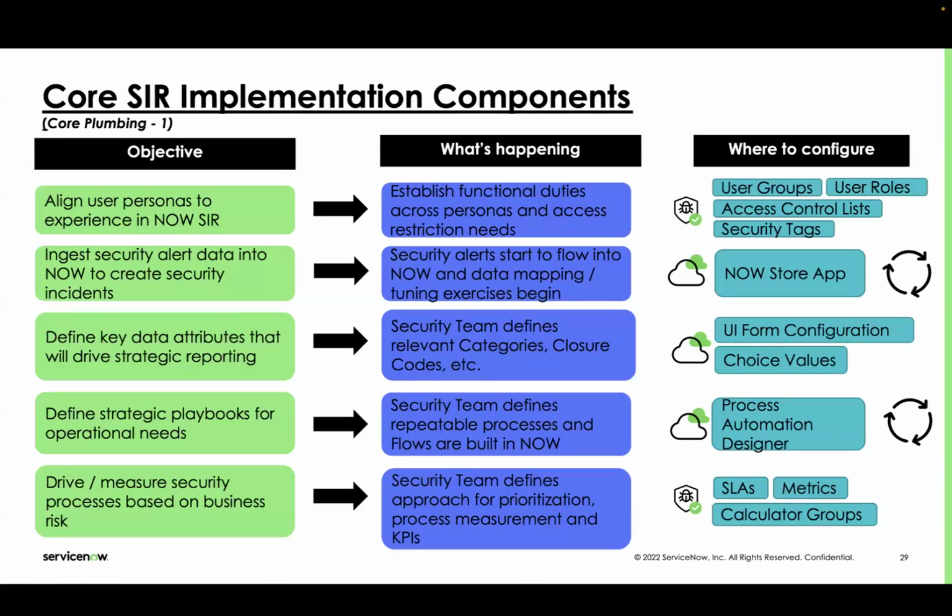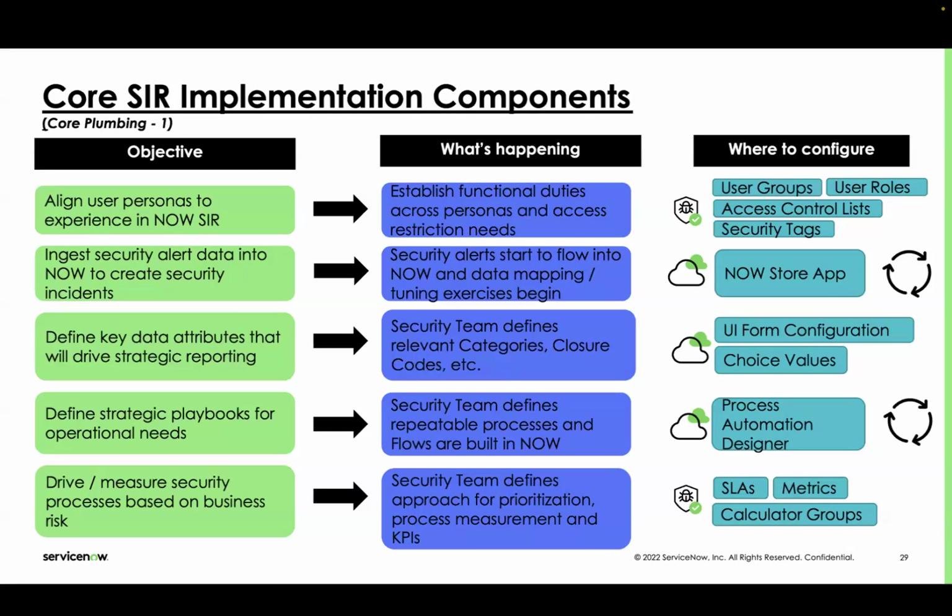So for security incident response, that core plumbing, as I mentioned, really starts off with defining the personas involved in the process, thinking about who needs to have security permissions, compartmentalized access, right? Maybe we want to separate who sees what. Start thinking about integrations, bringing those alerts in from our SIEM solutions. And then defining some of the key data attributes.